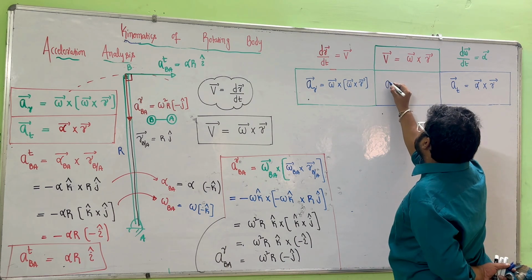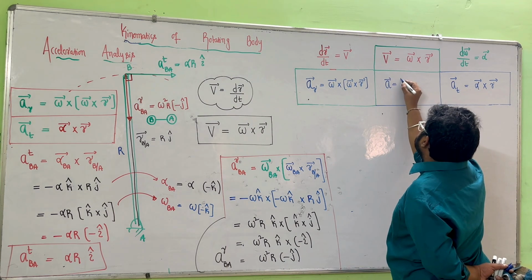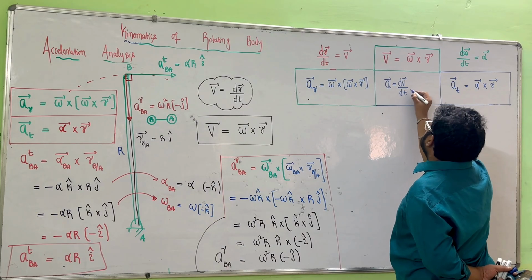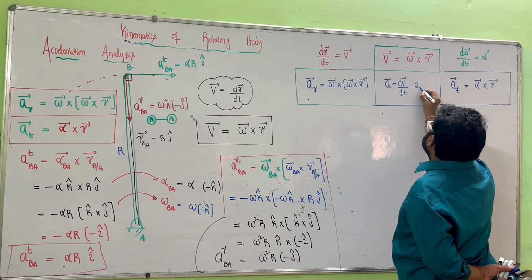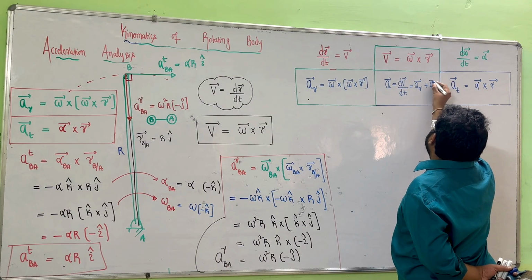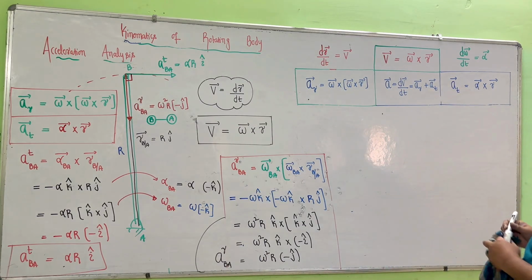So A bar equal to dV bar by dt, that equal to radial plus tangential accelerations.